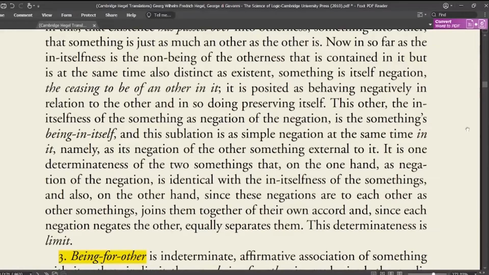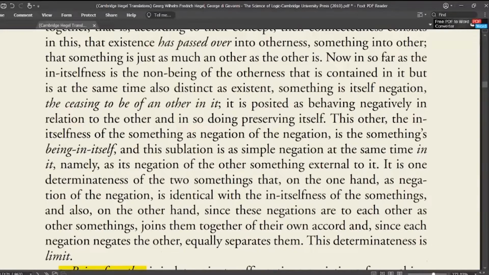It is one determinateness of the two somethings that, on the one hand, as negation of negation, is identical with the in itselfness of the somethings, and also on the other hand, since these negations are to each other as other somethings, joins them together of their own accord, and since each negation negates the other, equally separates them. This determinateness is limit.